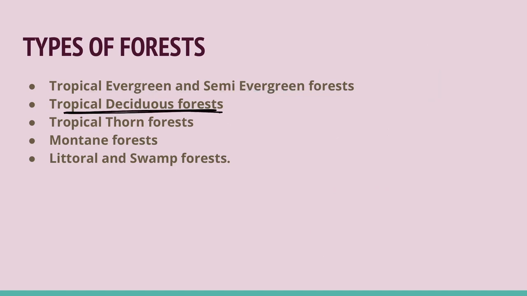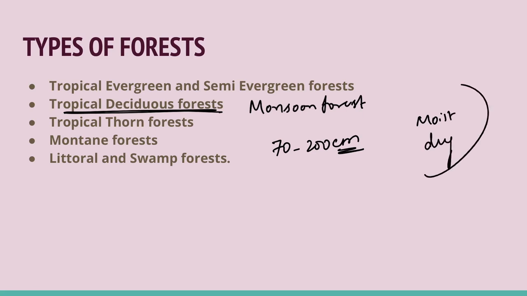Tropical deciduous forest. These are the most widespread forests in India. They are also called monsoon forests. They are spread over the regions which receive rainfall between 70 to 200 cm, and on the basis of the availability of water, these forests are further divided into moist and dry deciduous forest.